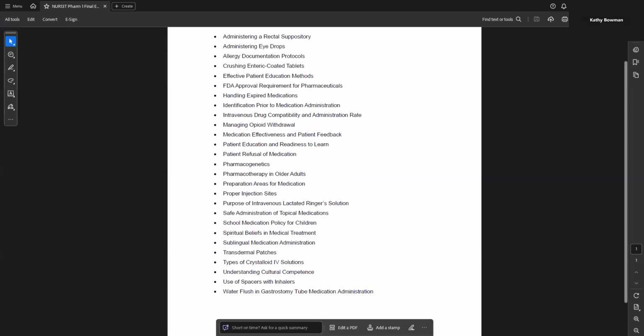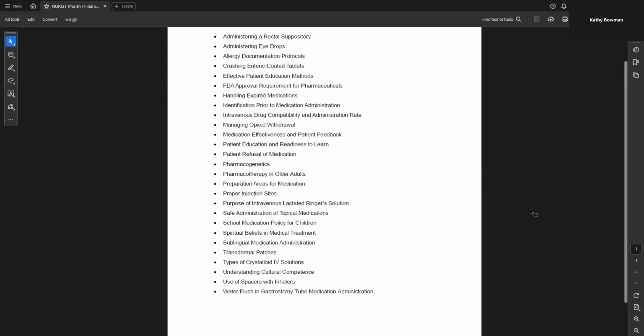Types of crystalloid IV solutions. What are they? There's 3, right? Jasuri said, okay, there's 3 kinds. You've given me examples, but what kinds of crystalloid IV solutions?